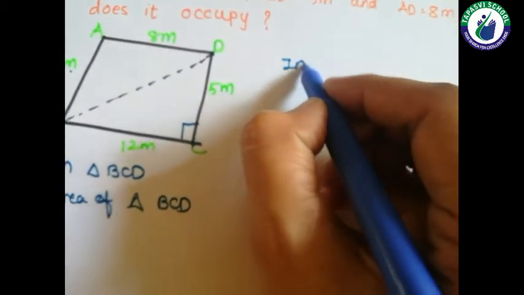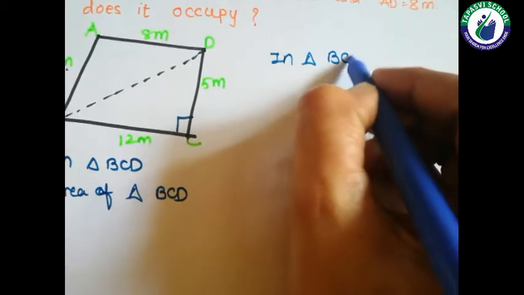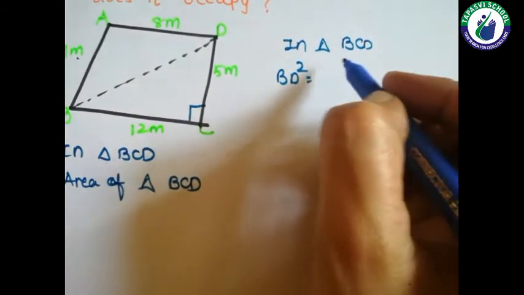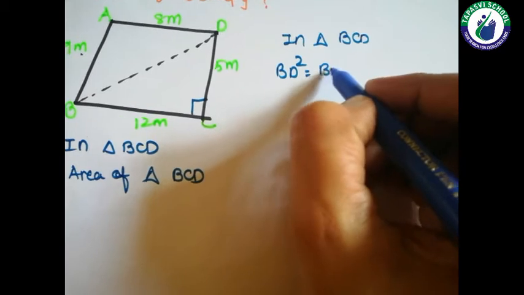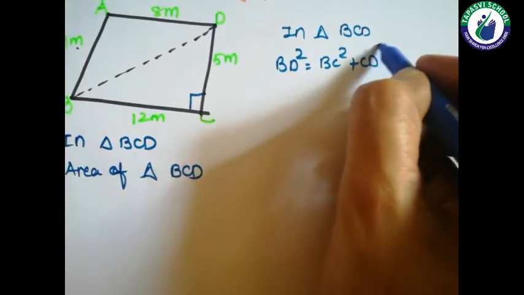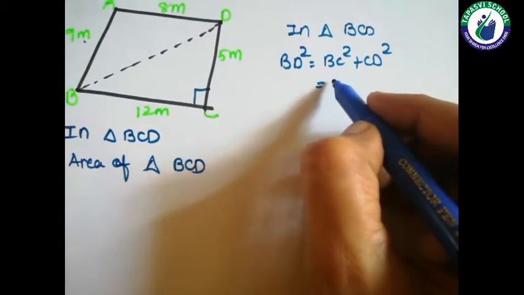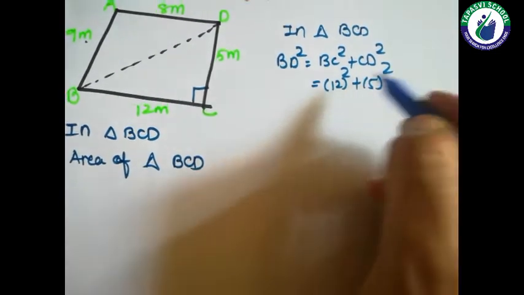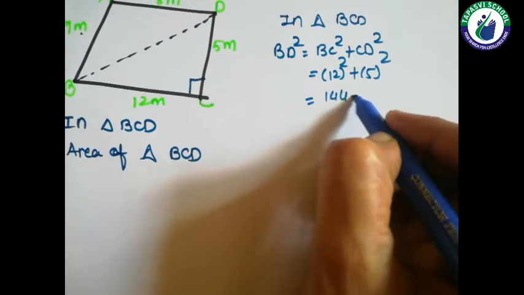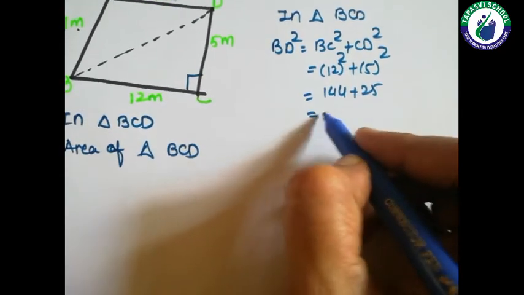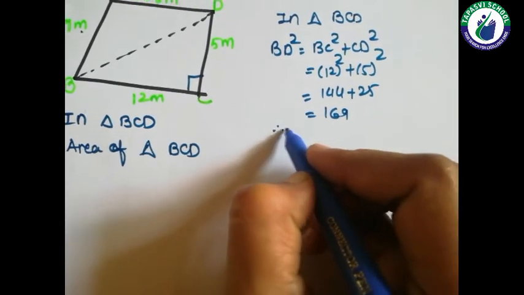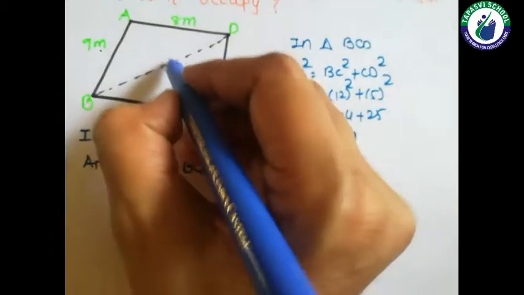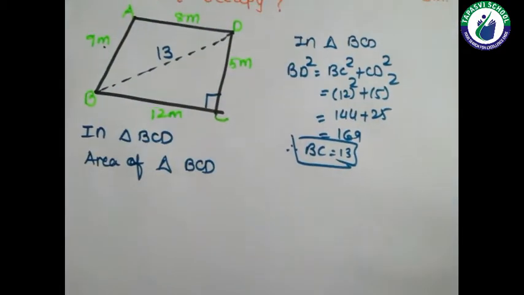So here in triangle BCD, BD square is equal to BC square plus CD square. BC, that is 12 square, plus here 5 square. So 144 plus 25, that will be 169. So BD will be 13. So this is our missing side which we want to find.